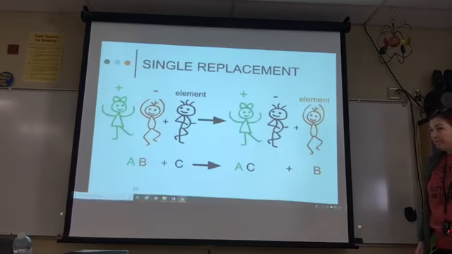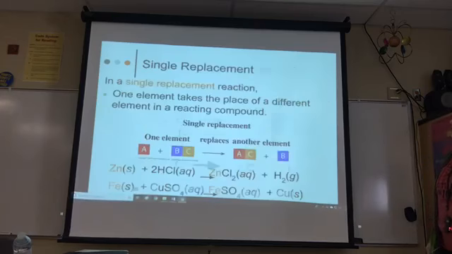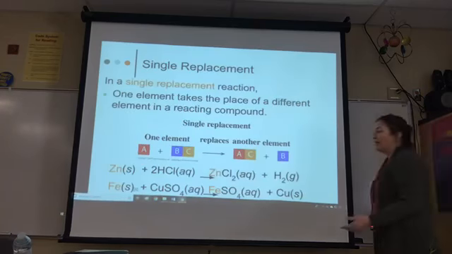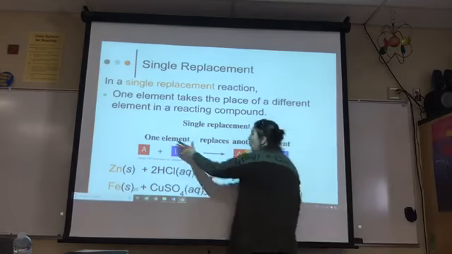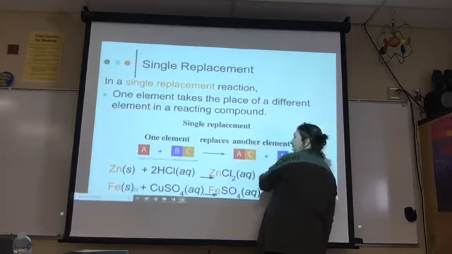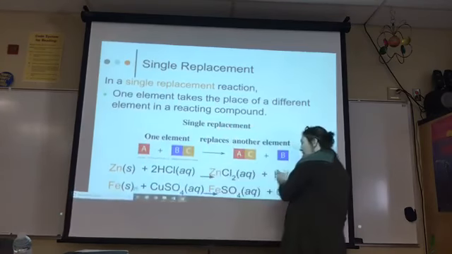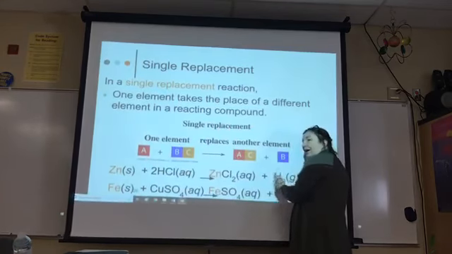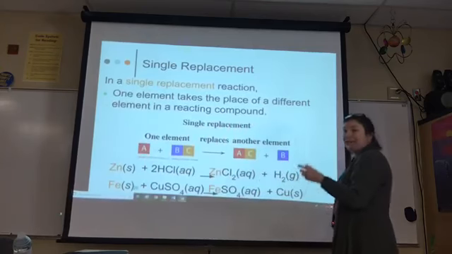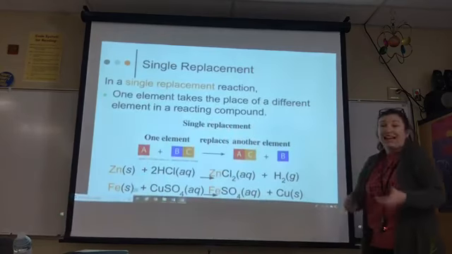Are we good? Yes? Okay. And so examples of this are zinc and hydrochloric acid. One element replaces another element in the compound. So zinc goes in, hydrogen comes out. Hydrogen thinks it's a metal. It's a cation. It's not even just a metal, it's a cation.